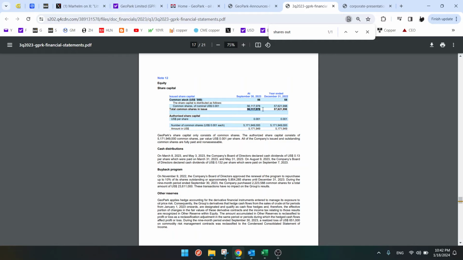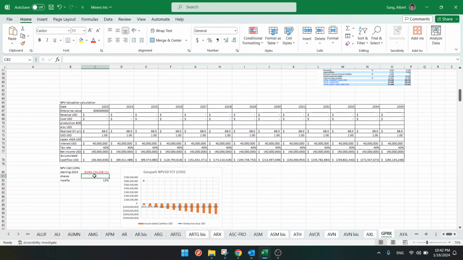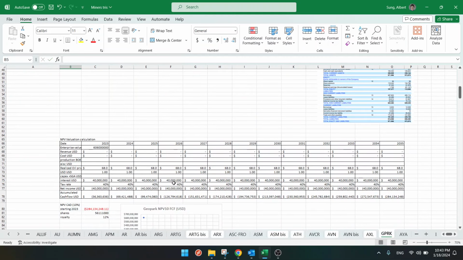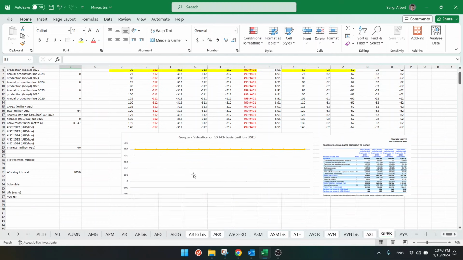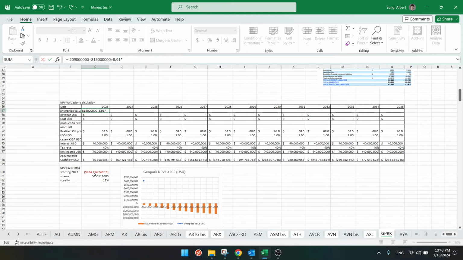Oh, this is the number. 56 million shares. 56 million, around this number. 56 million shares. Share price 8.91 times this.